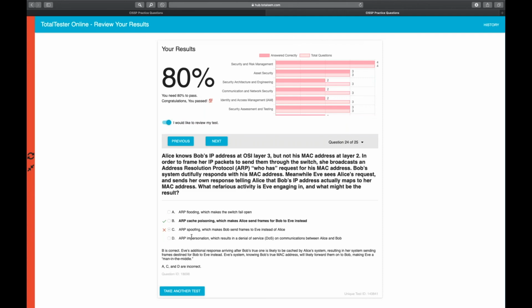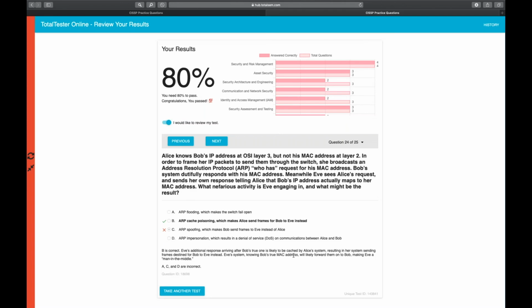Why ARP cache poisoning? The heck? So you implement ARP cache poisoning to spoof another computer's identity. Eve's additional response arriving after Bob's true one is likely to be cached by Alice's system, resulting in her system sending frames destined for Bob to Eve instead.